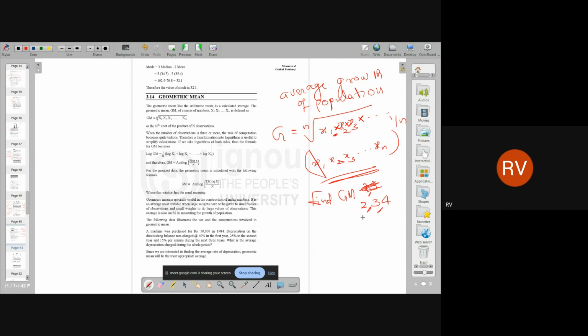Now how to find the geometric mean? Geometric mean is equal to 2 into 3 into 4, there are 3 numbers, so raised to 1 by 3. That is 24 raised to 1 by 3. This is the geometric mean.